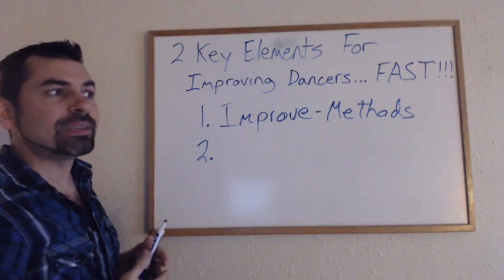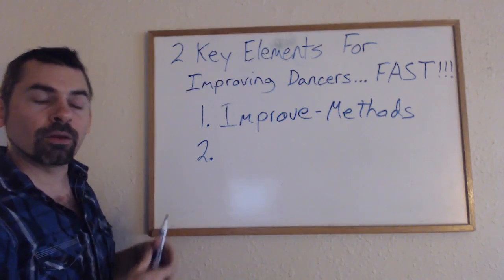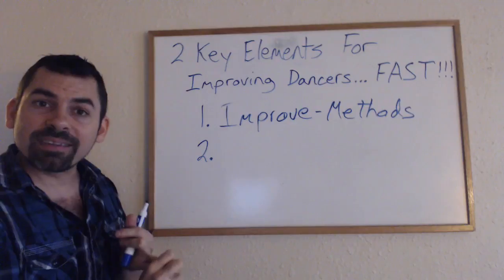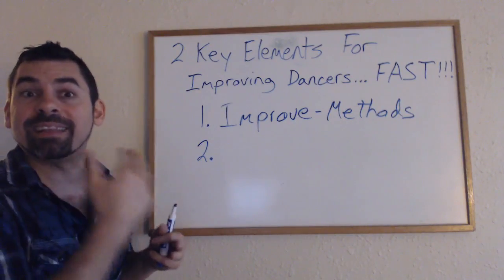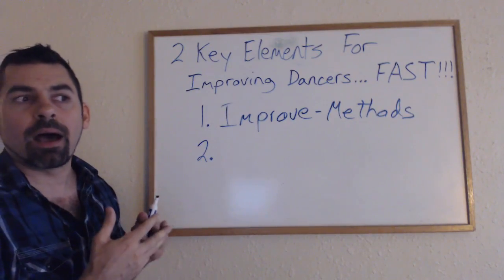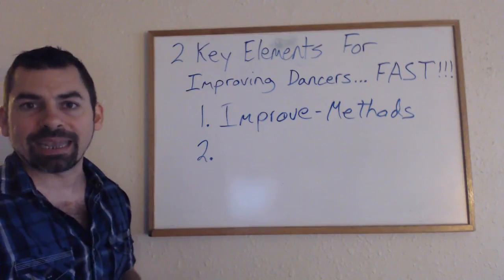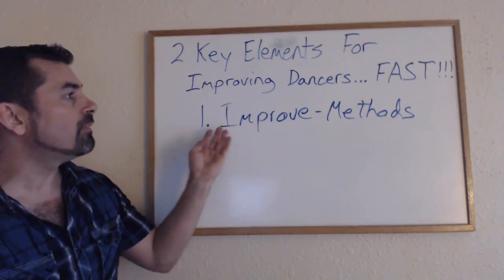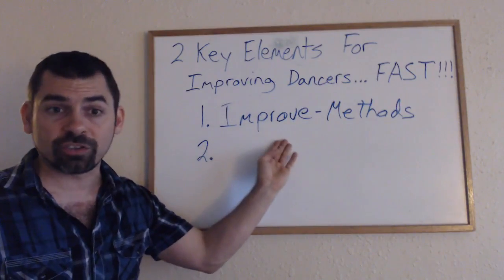So you want it to be hard enough that they can't do it at first, right? And easy enough that by the end of class, not only can they do it, but they can do it well enough that they can come back and do it again by the next class. So that's one example of a method to improve your students, right?